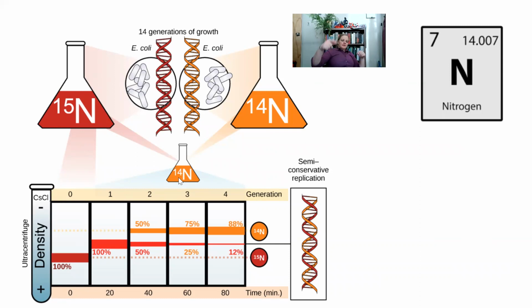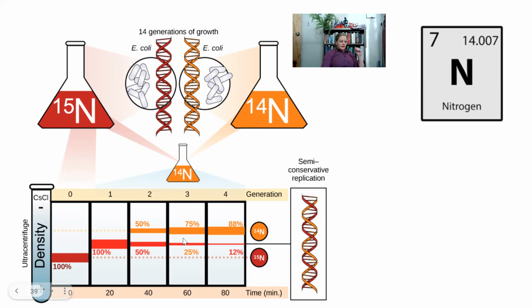Then for another generation, they grew them again in just regular nitrogen. And then we started to see the separation of two bands, where some of these bands have the same density as generation 1, indicating that half of that has been conserved and half of it has been created new.